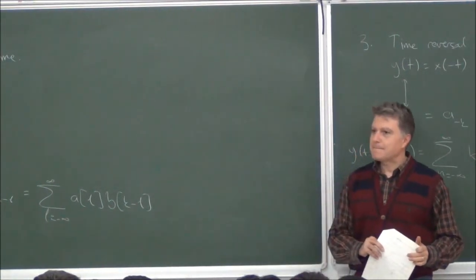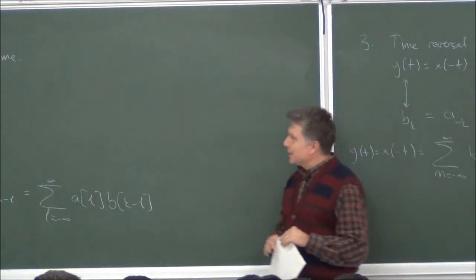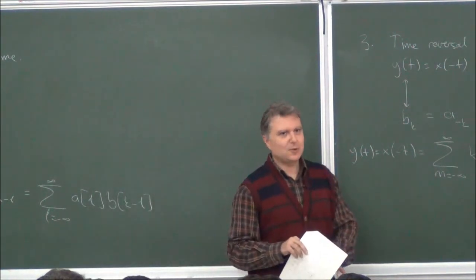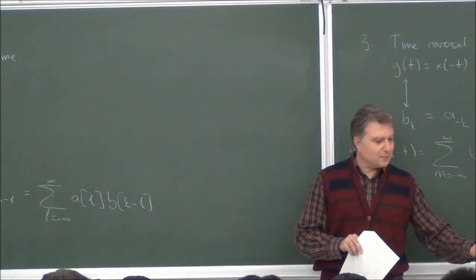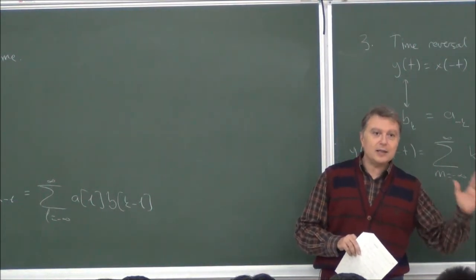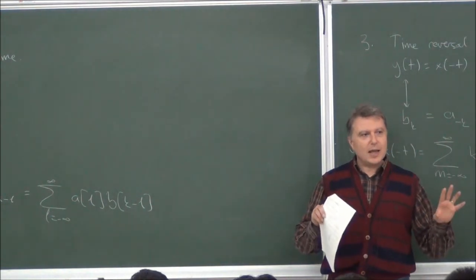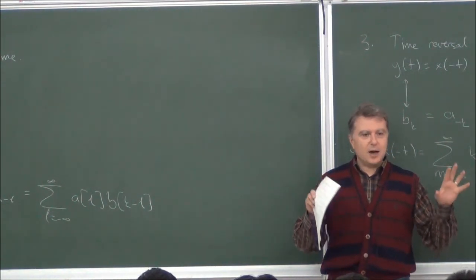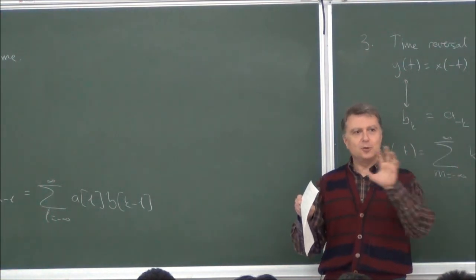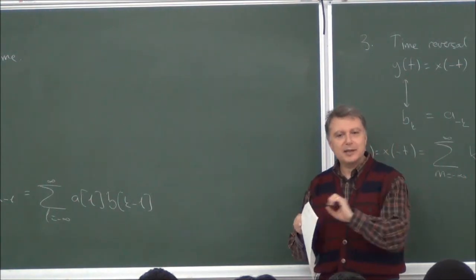Okay? And the opposite is also correct, by the way, we will see that. In other words, if you convolve two sequences in time domain, then their Fourier transforms or Fourier series, whatever it may correspond to, are multiplied in the Fourier domain. So convolution and multiplication are two domain dualities. If you multiply in time domain, you convolve in Fourier domain. If you convolve in time domain, you multiply in Fourier domain.